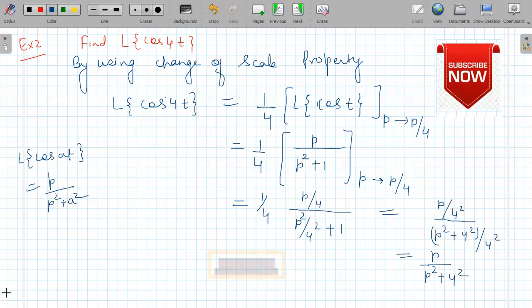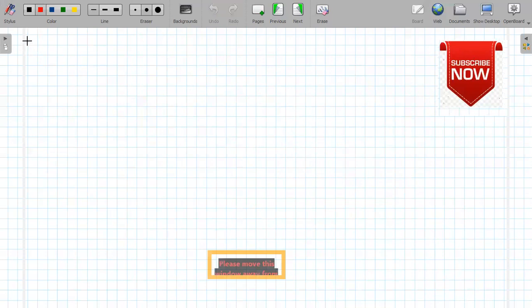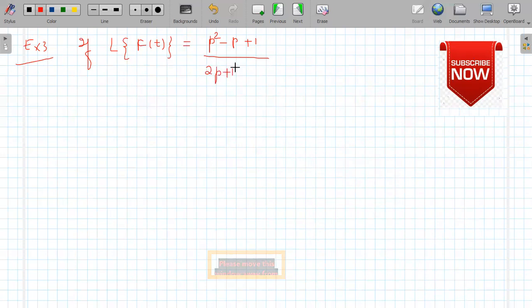Similarly, you can do this example also. Let me write the next example for you. If Laplace transform of f(t) is equal to p square minus p plus 1 whole divided by 2p plus 1 whole square into p minus 1. This is given to us.